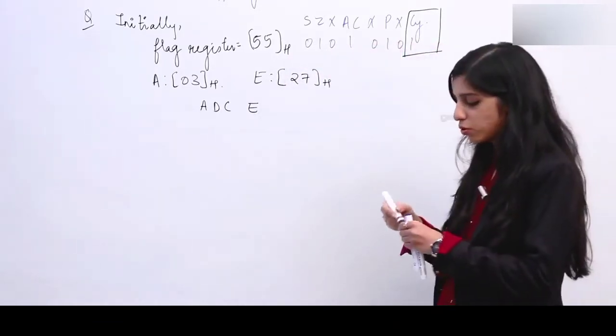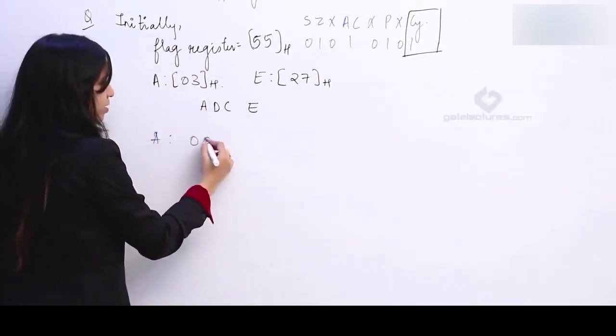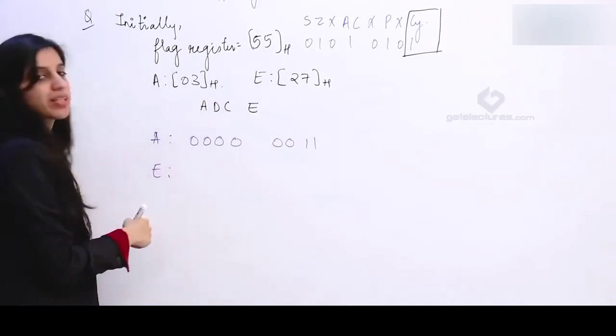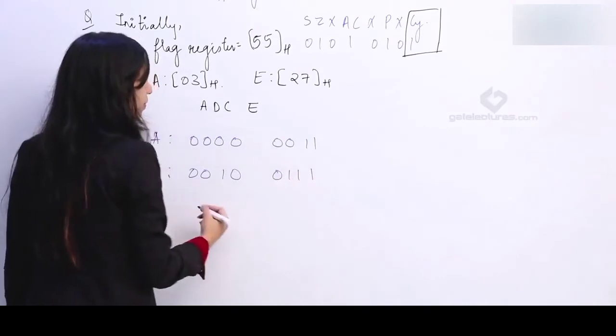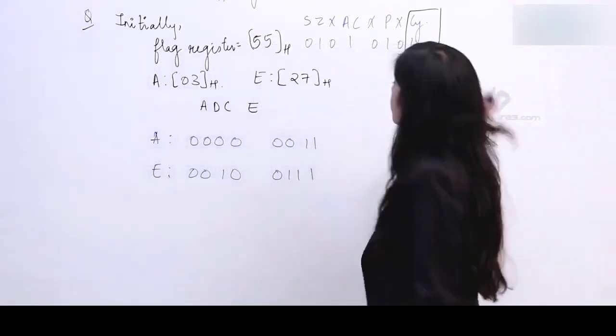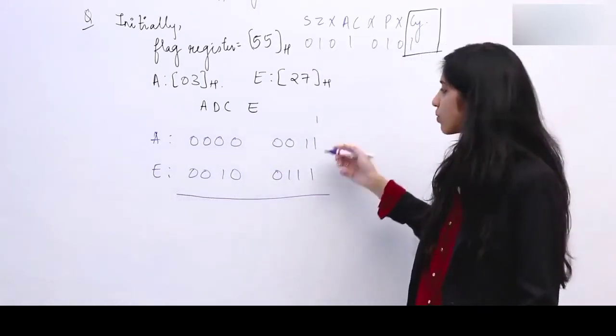So what you're going to do is, you're going to add the contents of A which is holding 03 with contents of E which is holding 27 along with the carry. Carry initially is 1, so we are going to add a 1. We just start with this addition.